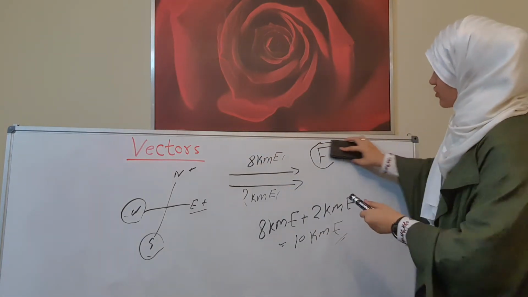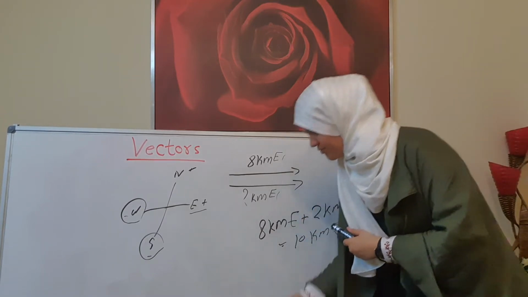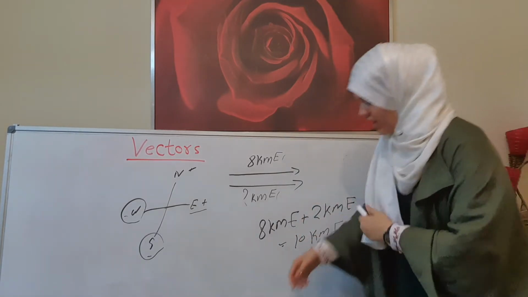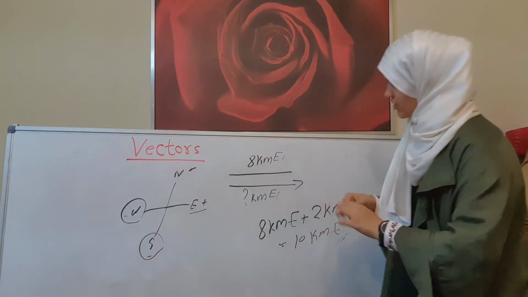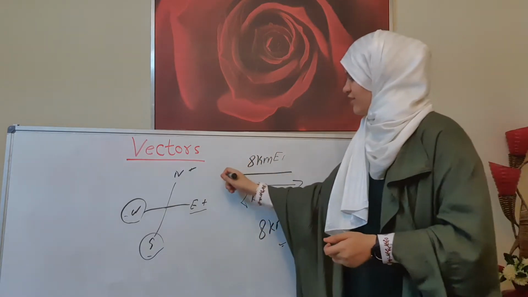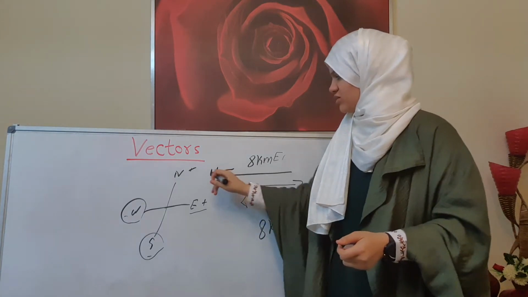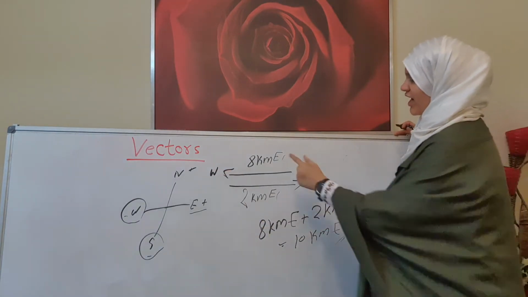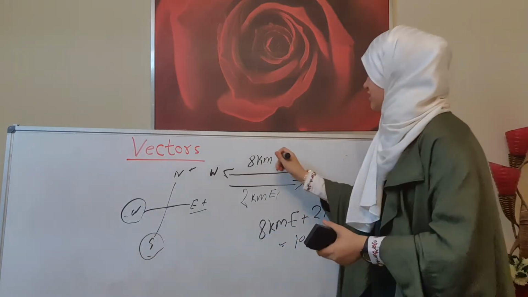Now we talked about the same direction, but what if they are in opposite directions? We already have 2 kilometer here, and in this direction, that means to the west, 8 kilometer. Of course, it will not be east, it will be west.